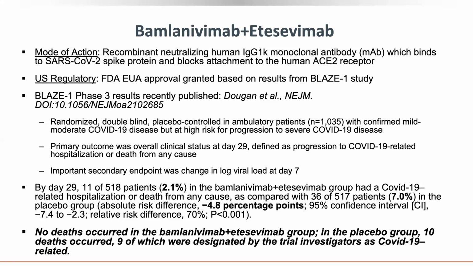There's data which shows, of course, that the risk for progression is reduced. In the BLAZE trial, again, there was no death occurring when you give these monoclonal antibodies, bamlanivimab and also etesevimab. We now have some experience in the use of these drugs, and in the slides coming up we'll emphasize how we should use these monoclonal antibodies.